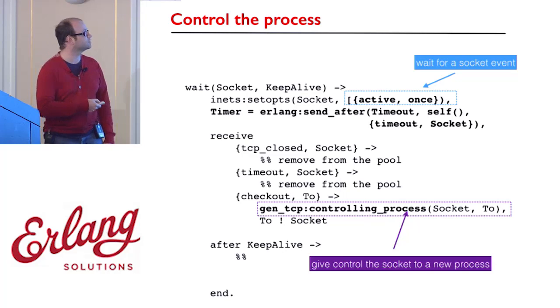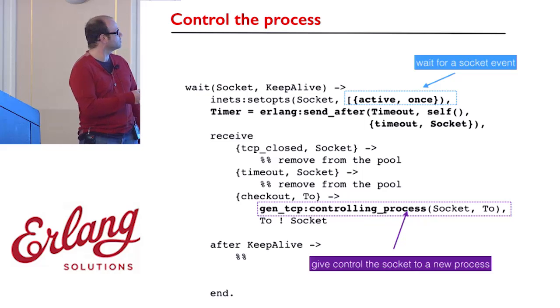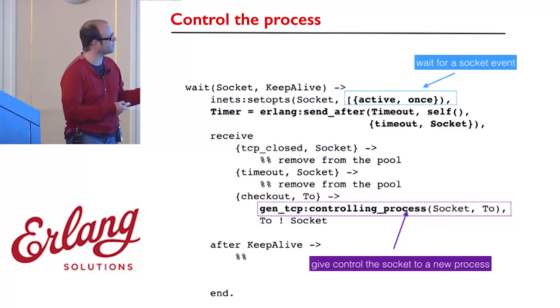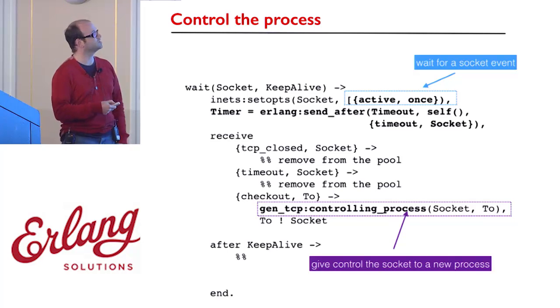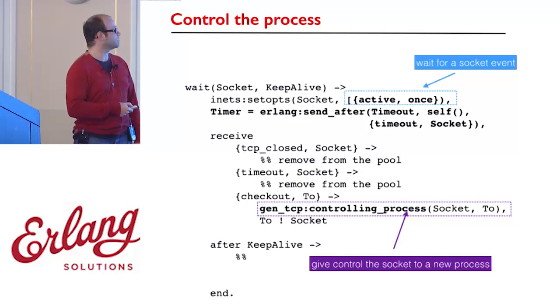Here is some pseudocode of what can happen in a pool. The first time you check your socket into the pool, you set its activity to once. So it means that you will wait for one event of the socket. Why are you doing that?